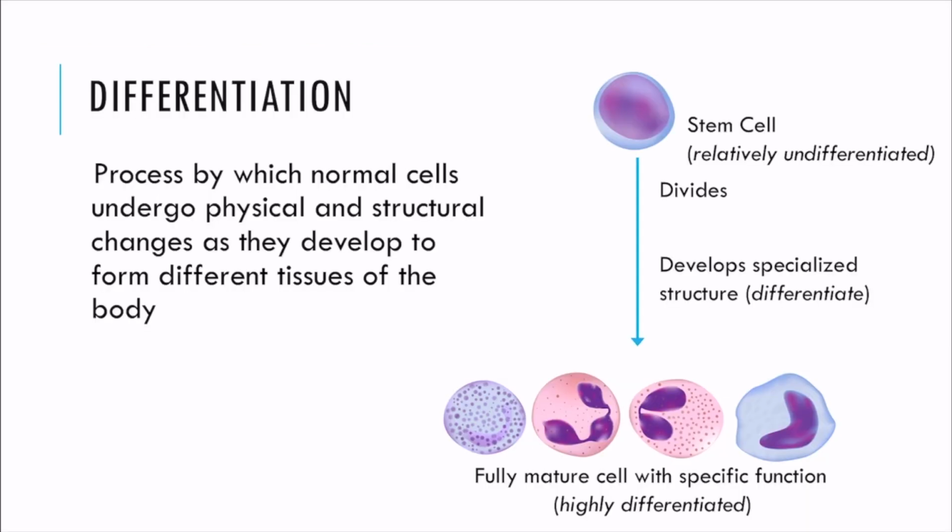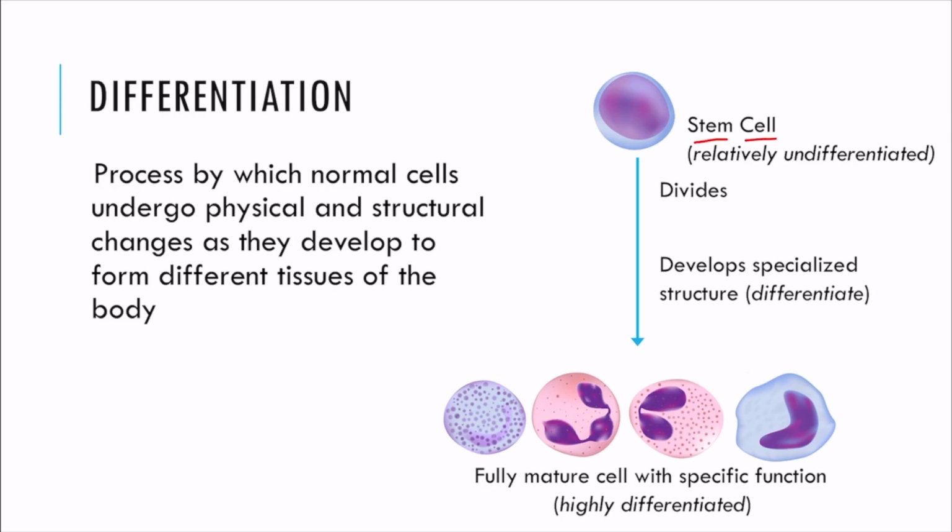To talk about normal, we have to make sure we define the term differentiation. Obviously this is written out in your notes, but it's the process by which normal cells undergo physical and structural changes as they develop to form the tissues of the body. What that means is every cell begins as a pluripotent stem cell. It could be anything it wants to be.